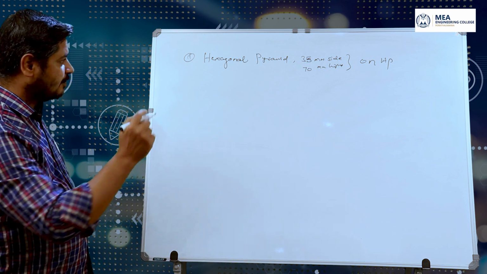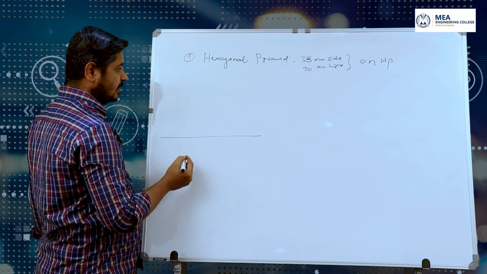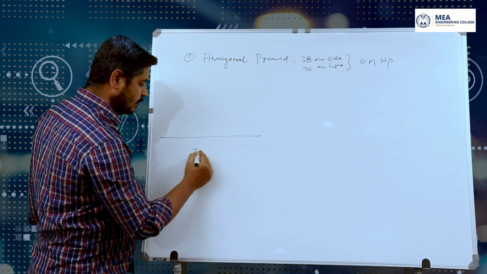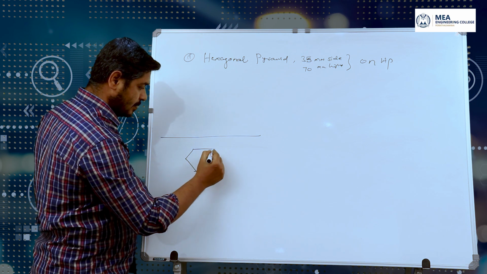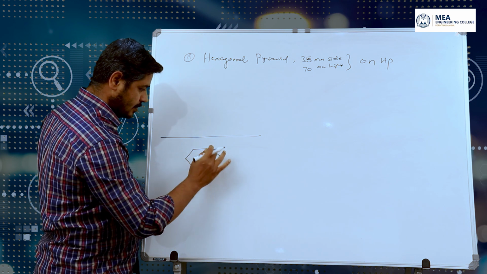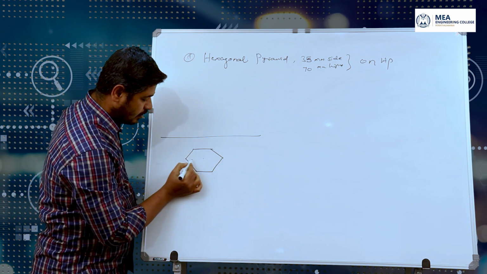I first draw the front view and the top view for the particular condition. It's a hexagon. Remaining conditions are not given, so you can select in any format. It's a pyramid, so you can connect all the points.